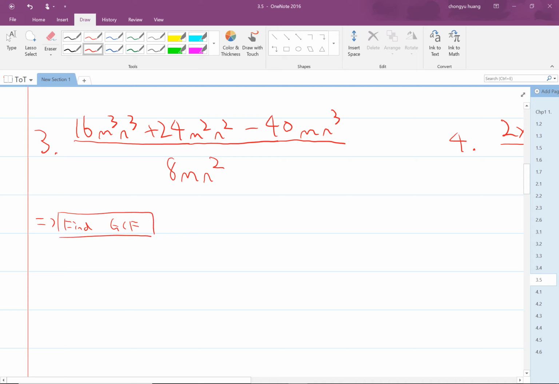But now, after I talked in detail about the previous question, I think we're going to speed up a little bit. I'm just going to show you how to finish this question really fast, and how to find the GCF, the greatest common factor, as fast as possible.